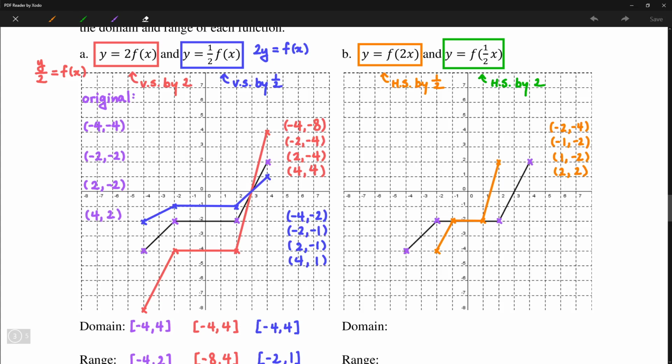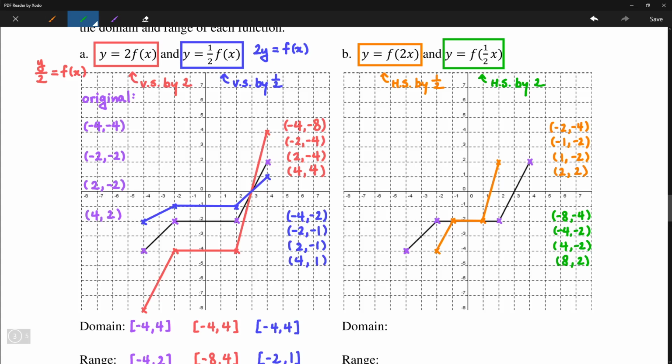Okay, so now for the y equals f of 1/2 x, which of course is a horizontal stretch by a factor of 2. So instead of -4, -4, we'll have -8, -4. Follow that up with -4, -2, and then 4, -2, and finally 8, 2.